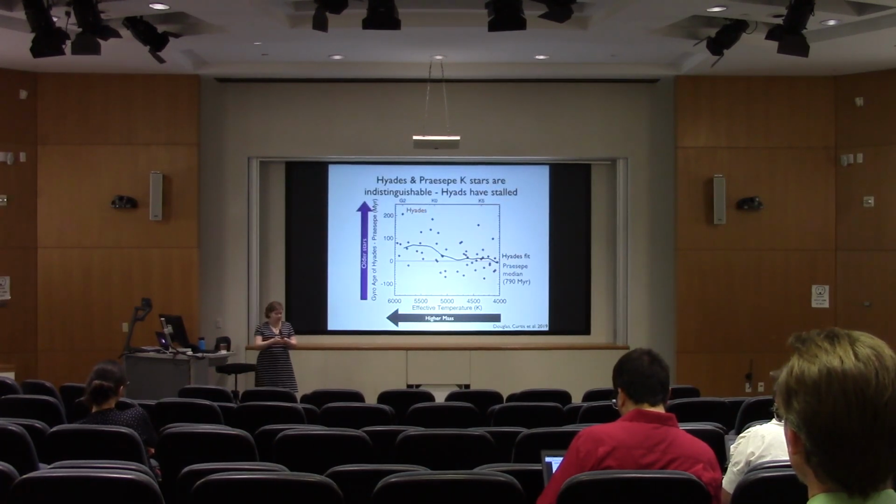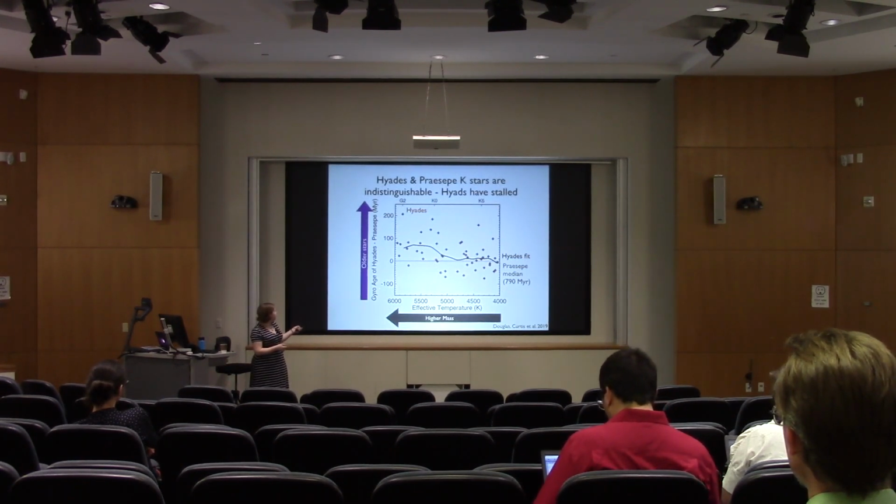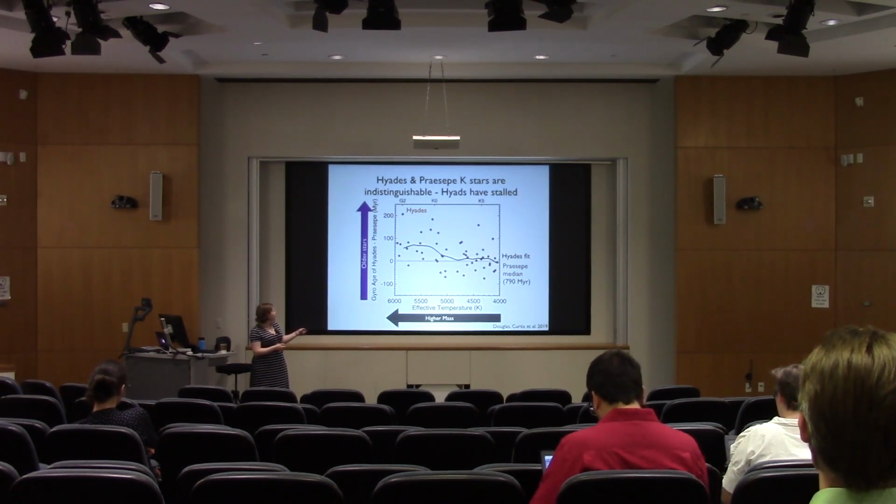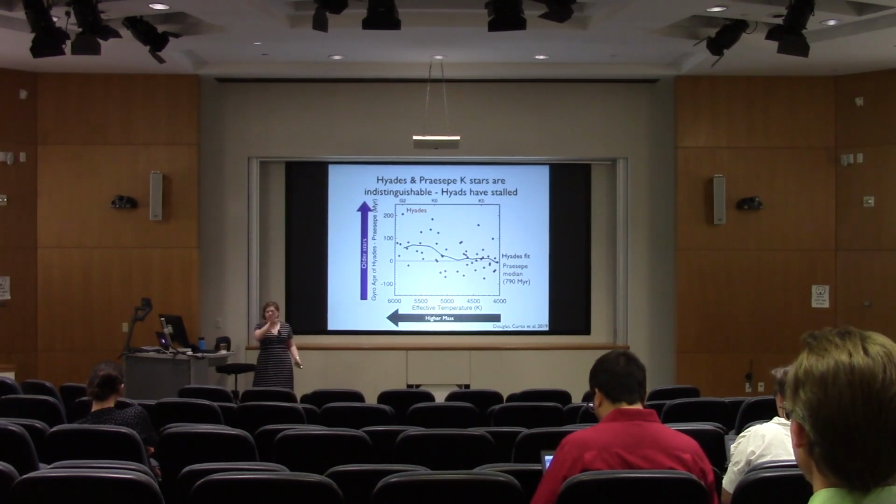Now what we're looking at is the differential rotational age of the Hyades minus Praesepe. Praesepe is at 0 in the gray line, the orange points are the Hyades, and the black line is a rough fit to the Hyades.